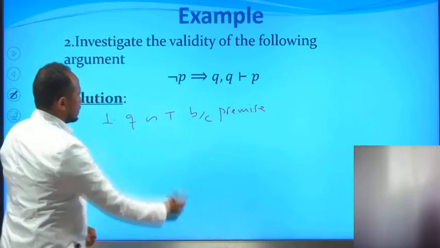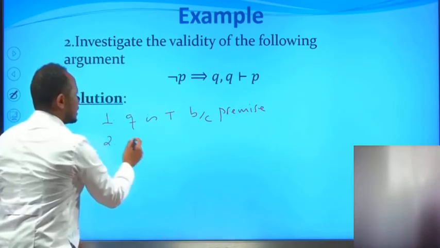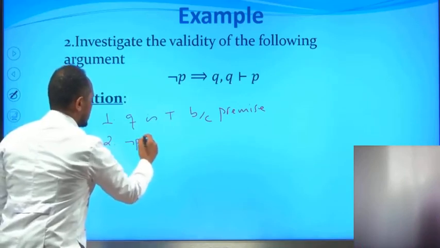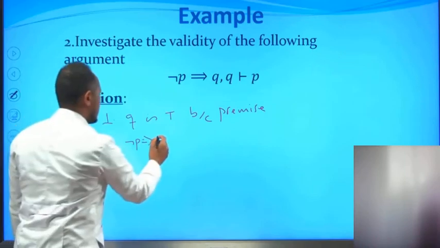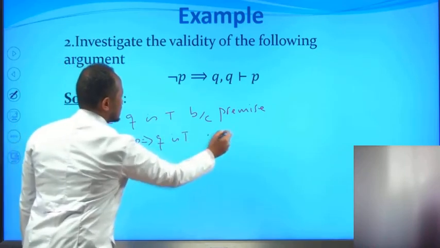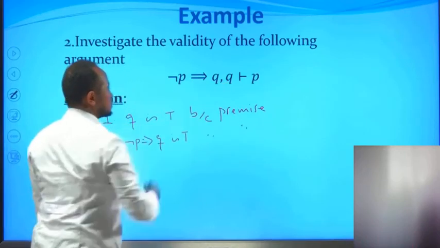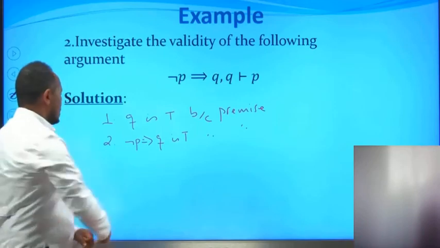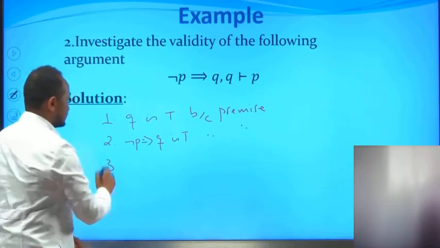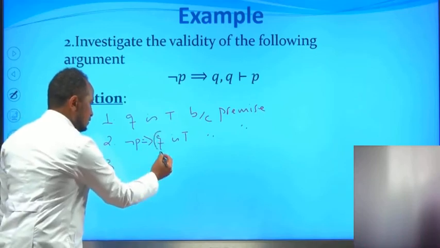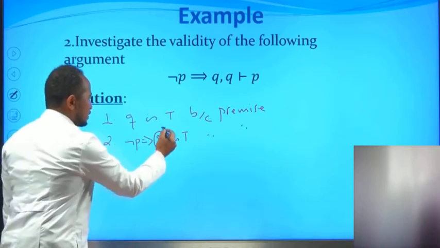Second, negation of P implies Q is also true for the same reason; it is a premise. Both are premises, so we assume these to be true. Now, we know that Q is true.